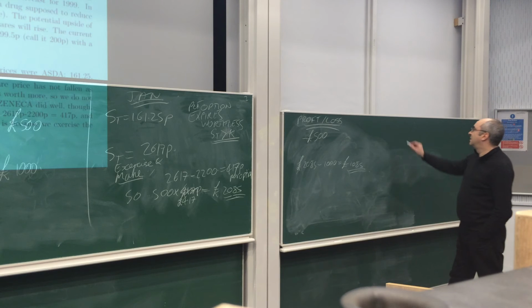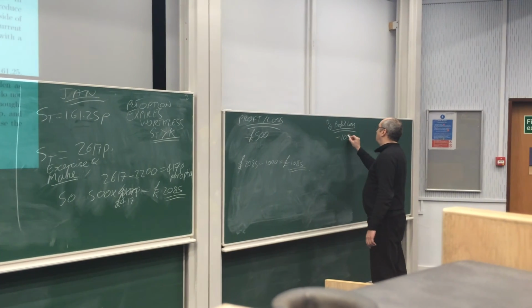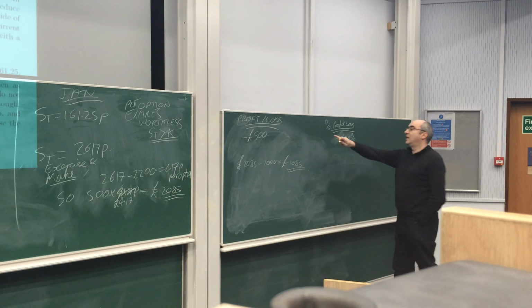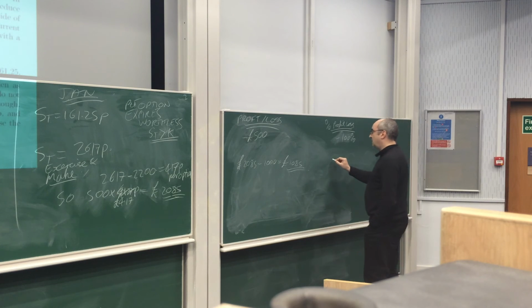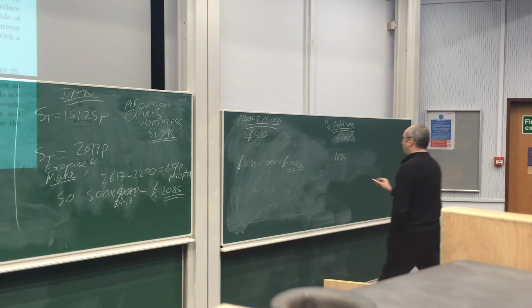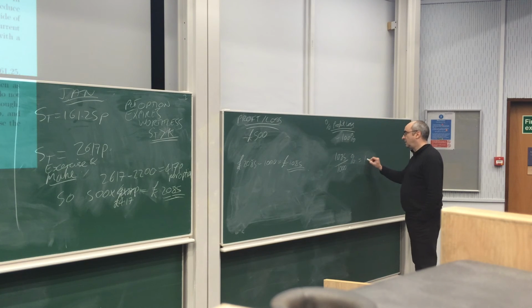Look at the percentages. On that one, I lost absolutely everything. All my put options expired worthless. It cost me £500. I've lost the lot. On this one, I've made 1,085 profit. No, wait a minute.